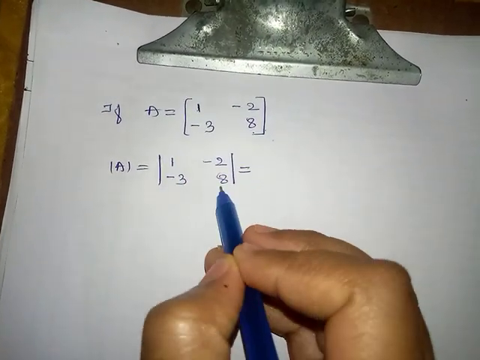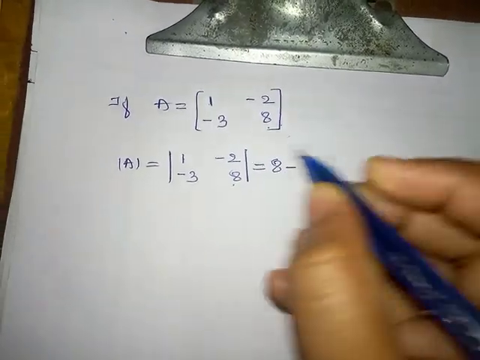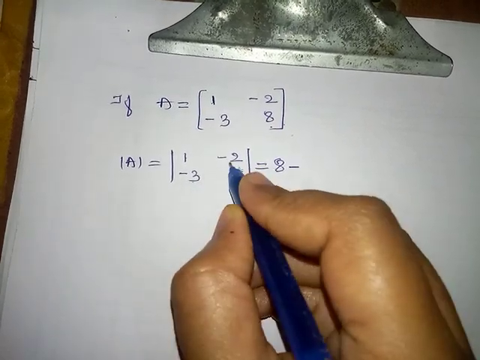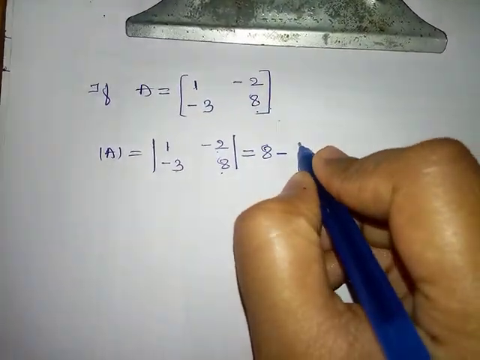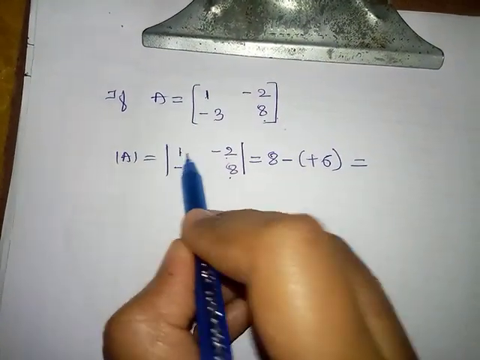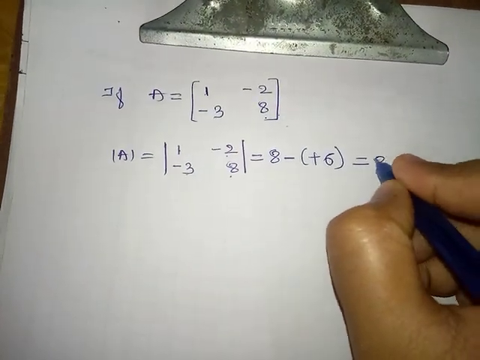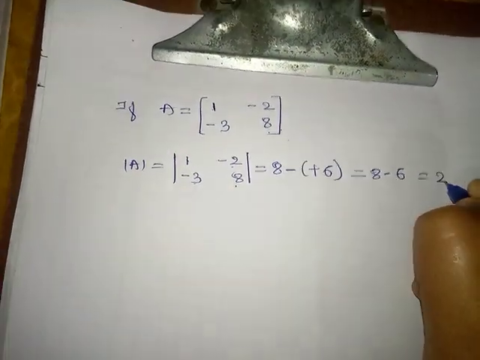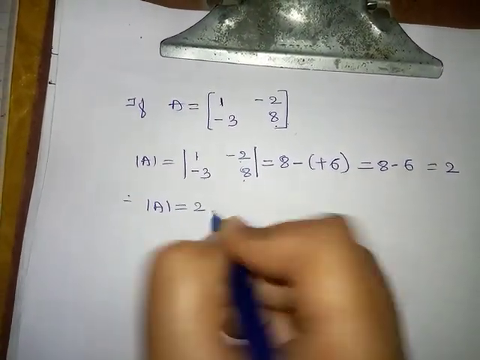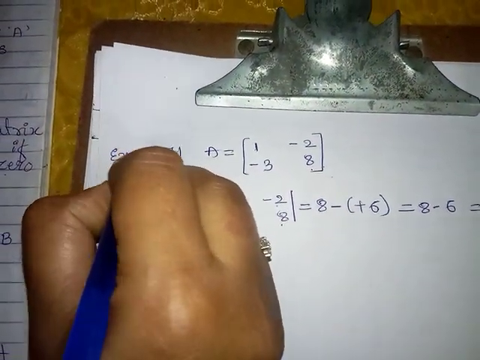Multiply these two diagonal elements, that is 1 into 8 is 8, minus, next we have to multiply the non-diagonal elements, that is 2 threes are 6, minus into minus, it is a plus 6, which is equal to 8 minus 6 is equal to 2. Therefore, determinant of this given matrix is 2. This is example 1.